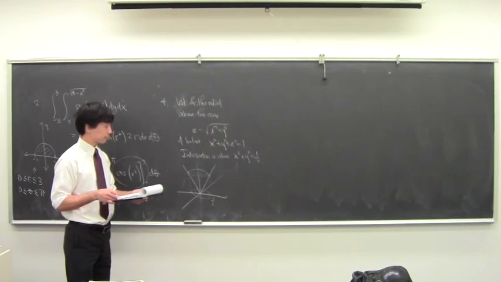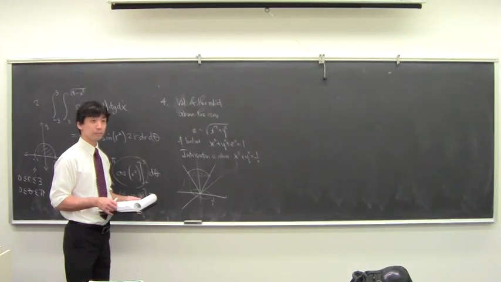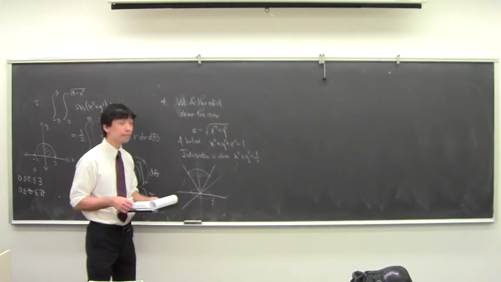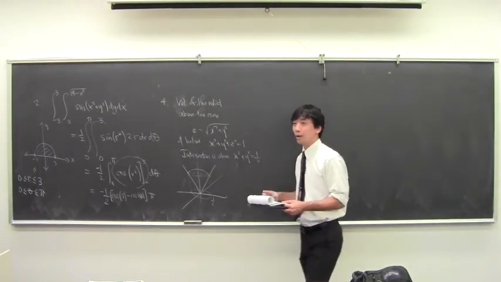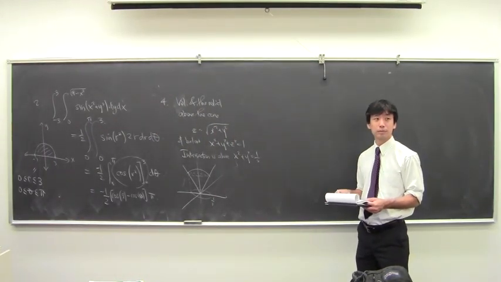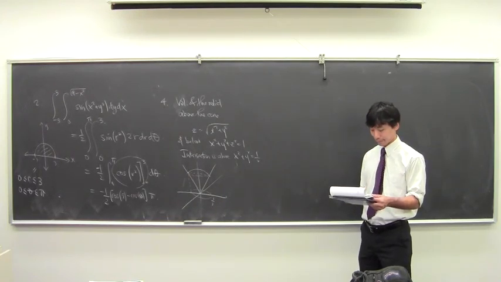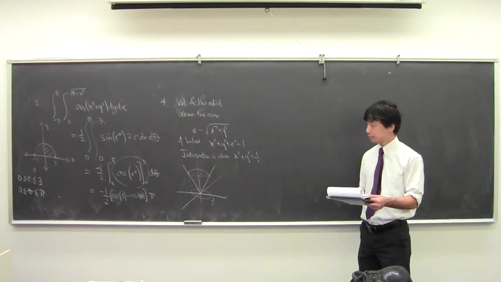It's one function minus another function. Yes, that's what I did. I forgot to make these r. Minus the square root of x squared plus y squared. Okay, so you would do the sphere equation.